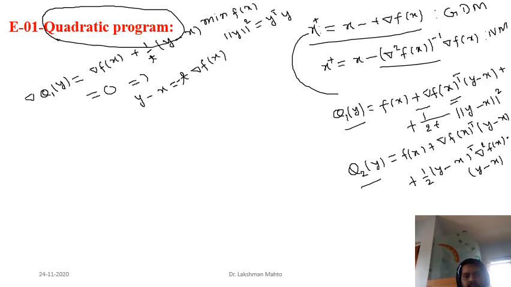So further simplifying, you can write y equals x minus t times the gradient of f at point x.